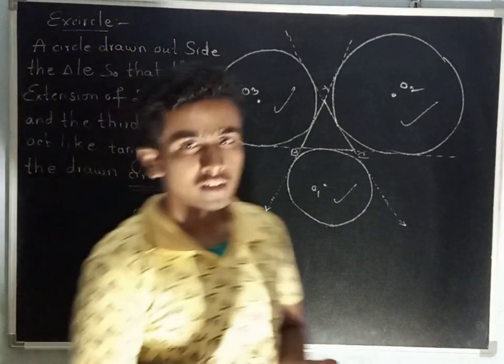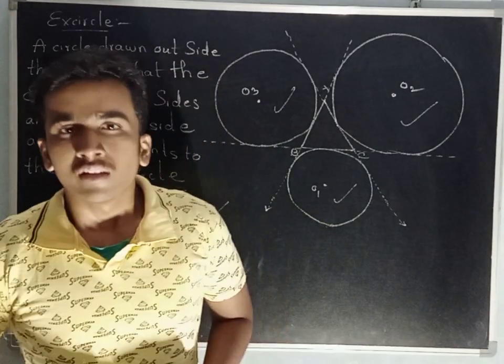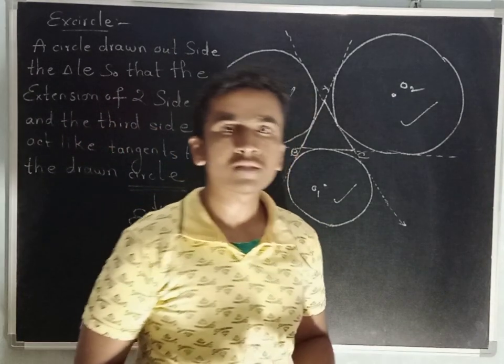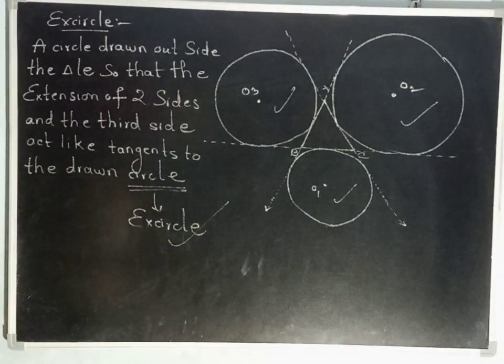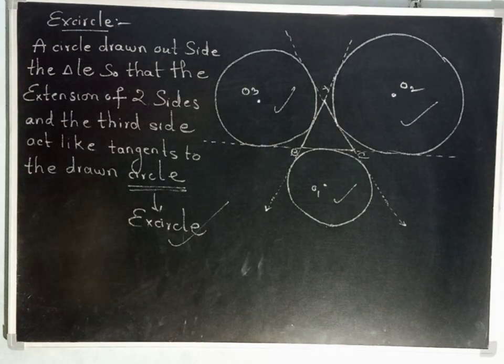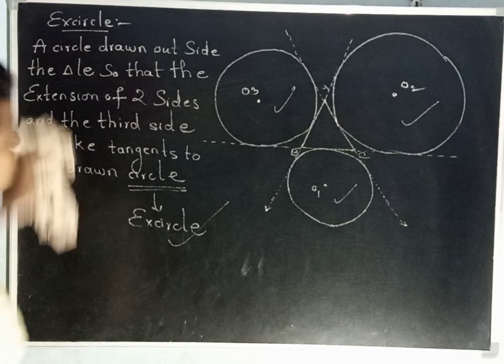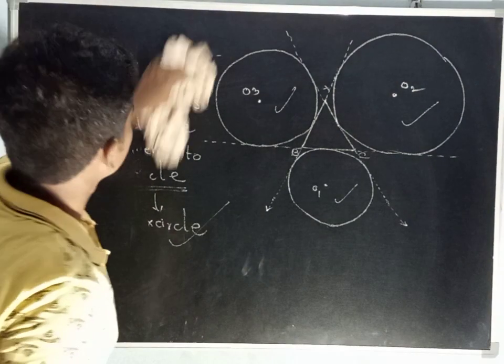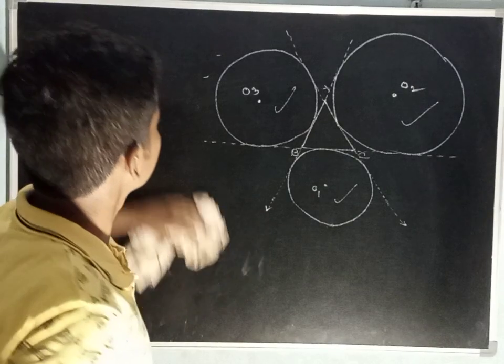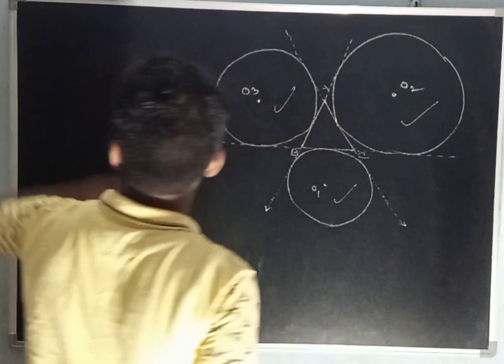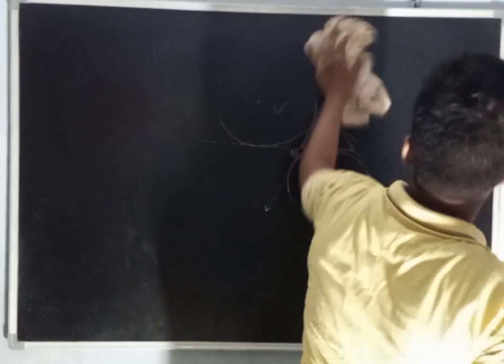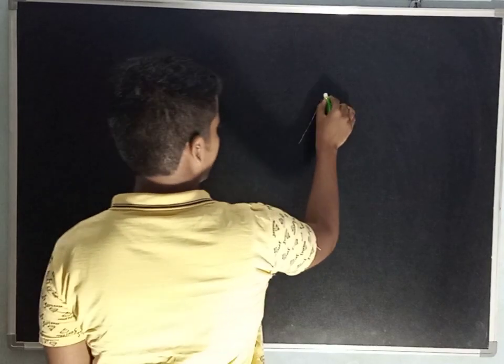Understanding this definition is a fundamental thing so that further concepts will be easier. Okay? Let's move on further. Let me draw once again triangle ABC.